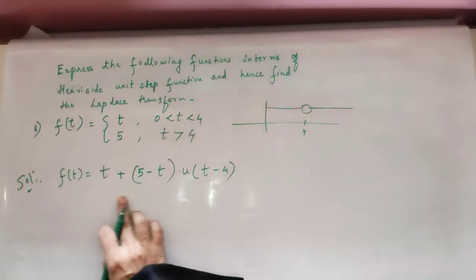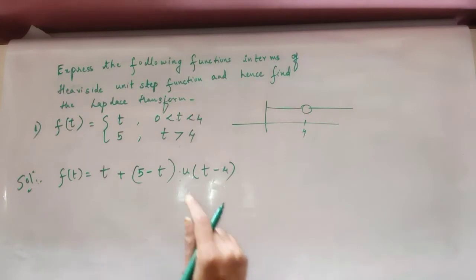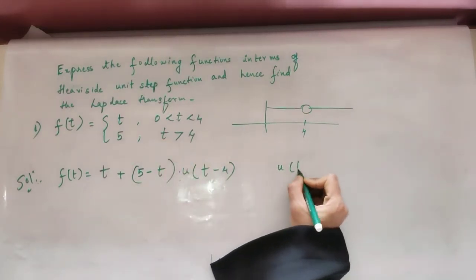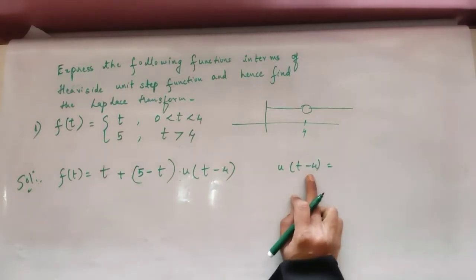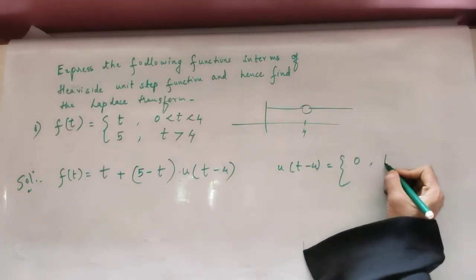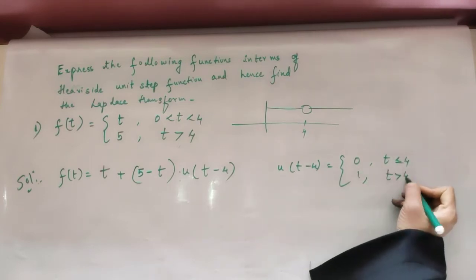Now just see whether this definition gives you back that f of t only. First you should understand what u of t minus 4 is. It is a unit step function where a is 4 here. So its value will be 0 when t is less than or equal to 4, and it is 1 when t is greater than 4.